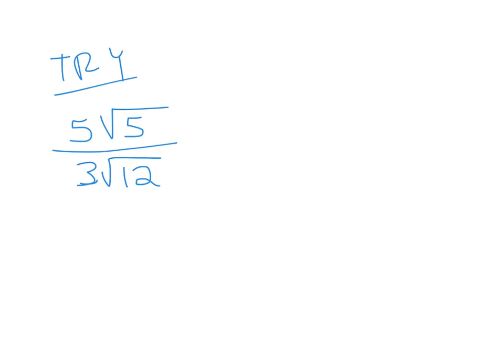All right. Copy the problem. Try it. Come back. Check your answers. So I'm going to simplify mine first. Root 12 is 4 times 3, and 4 is a perfect square. So I'm going to multiply that by 2.